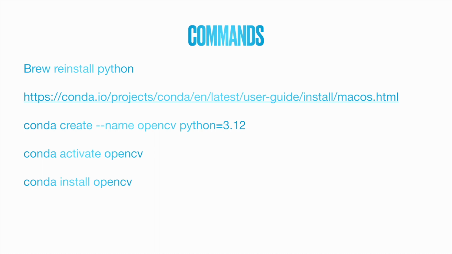I'm using Python 3.12.8, I guess. You need to give just the first half of the Python version, not the exact one. It utilizes that, then you activate the profile that you created, and then you install it, and you will be ready to use OpenCV libraries.